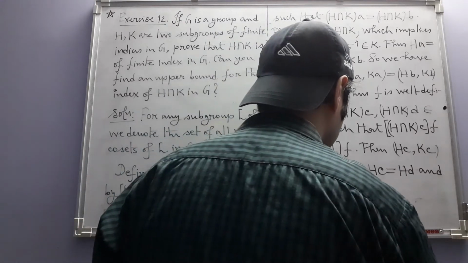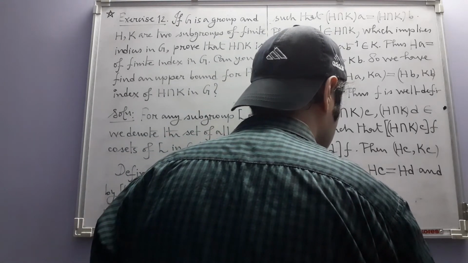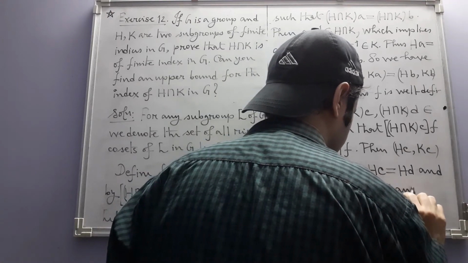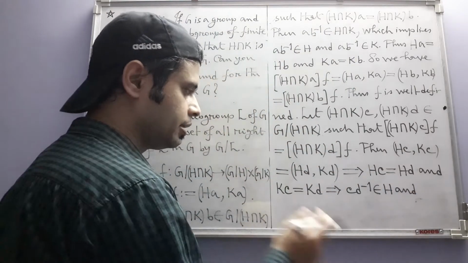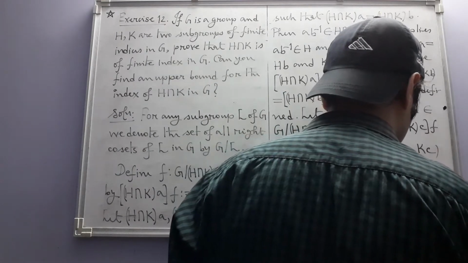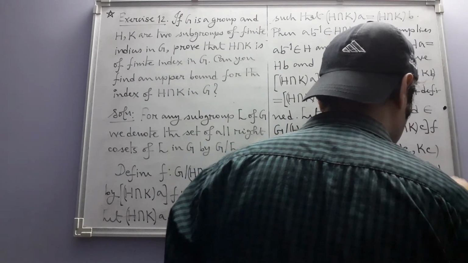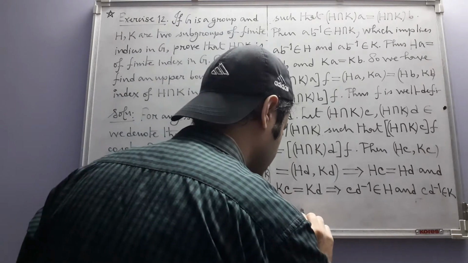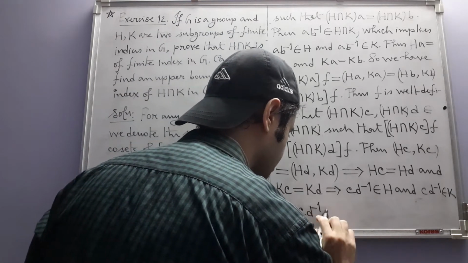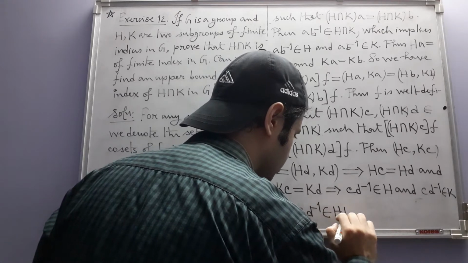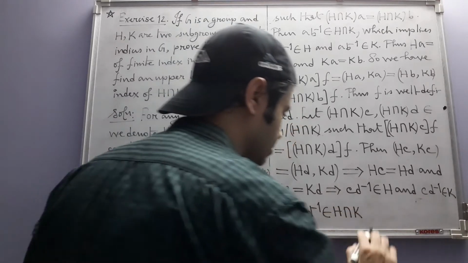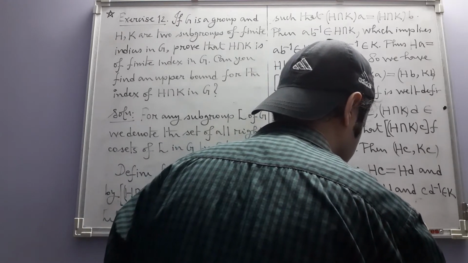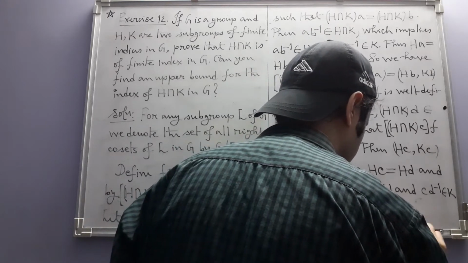That in turn implies CD inverse belongs to H, we are again using that equivalent condition, and this one implies CD inverse belongs to K. Moving on, this implies CD inverse belongs to H intersection K, and that finally implies that these two right cosets are equal.